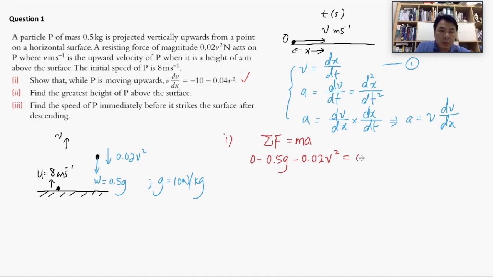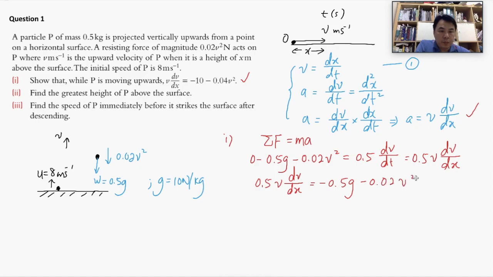The mass is 0.5, so I'm going to write that down. Now we can write acceleration as dv/dt, or as 0.5 v dv/dx based on this relationship. Let me rewrite this. So we have dv/dx is equal to negative 0.5 g minus 0.02 v squared.